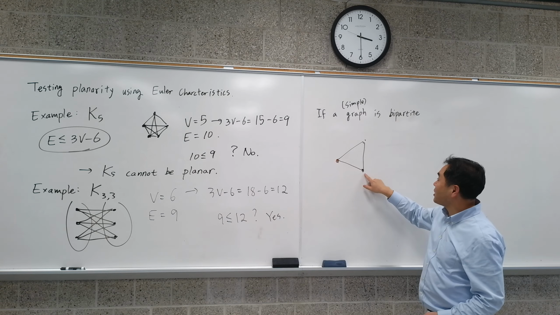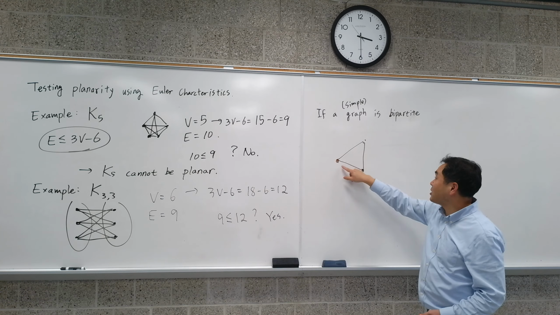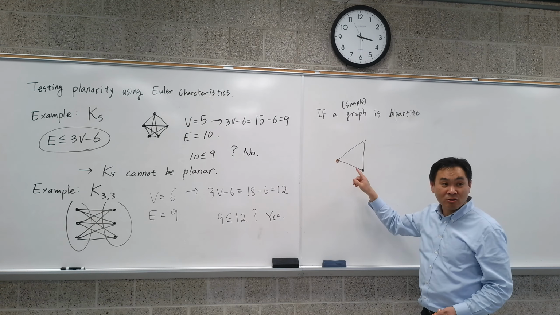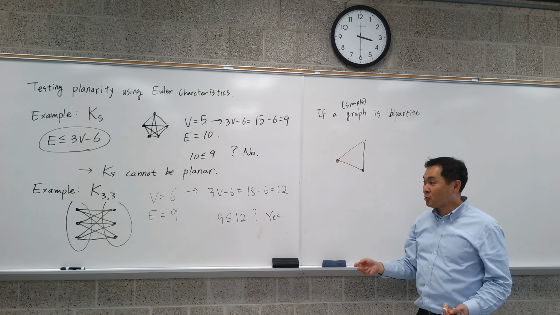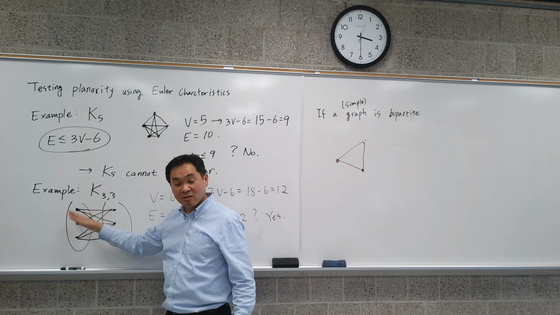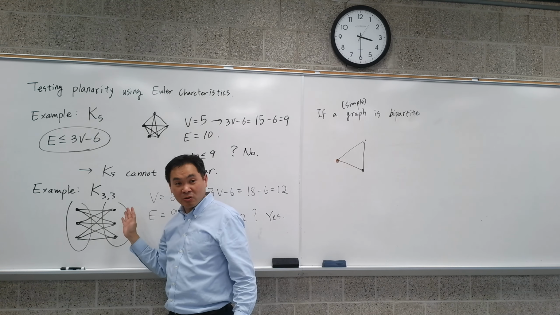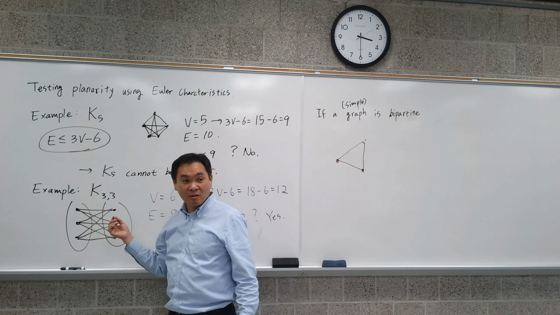But then this one has to be a different color from both because it's neighboring. So now you see that the chromatic number of this is at least 3. A bipartite graph can always be 2-colored because you can just color one side red and the other side blue, and any adjacent vertices are always different colors.